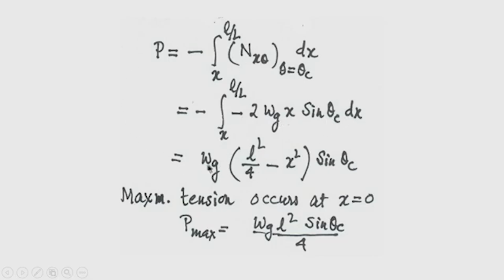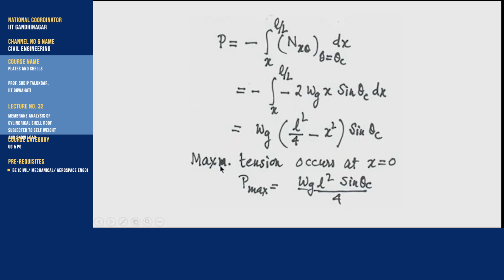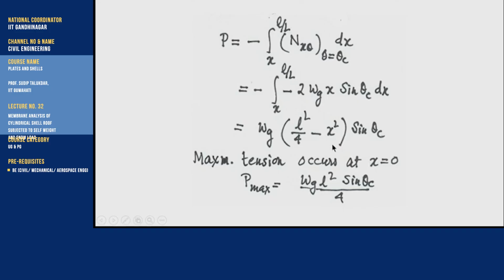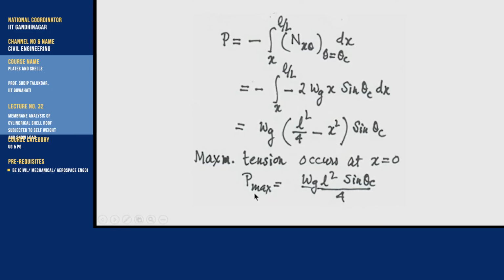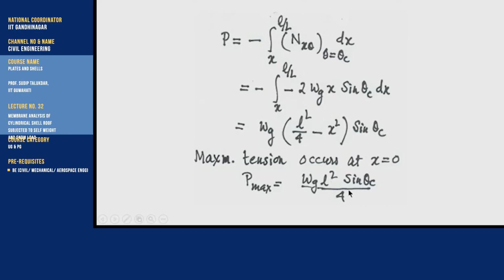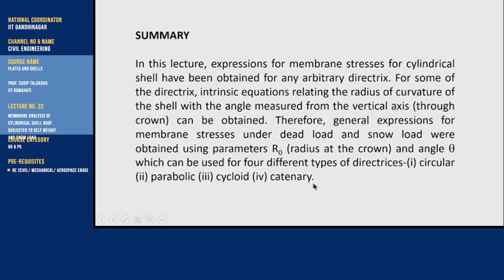Now, after integration we find the expression for the edge member force as w g into L square by 4 minus x square into sin theta c. Now, it is seen that maximum tension occurs because it is now becoming positive. So, tensile force is treated as positive. So, maximum tension occurs at x is equal to 0. So, by putting x is equal to 0, we get P max equal to w g L square sin theta c divided by 4. Okay.